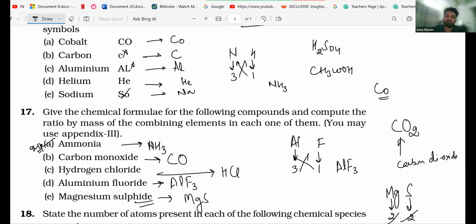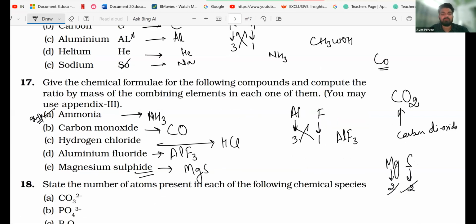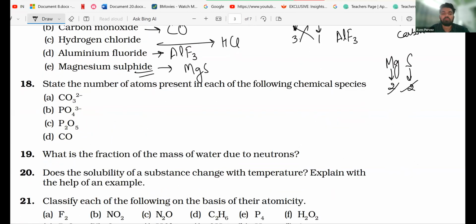Next. State the number of atoms present in the chemical species. Question number 18. In carbonate, how many atoms are there? 4. 1 carbon and 3 oxygens.